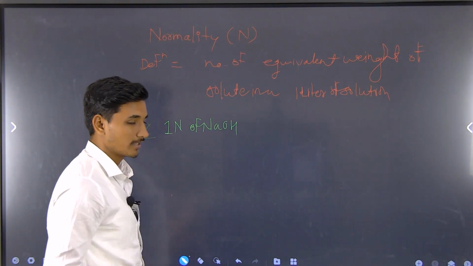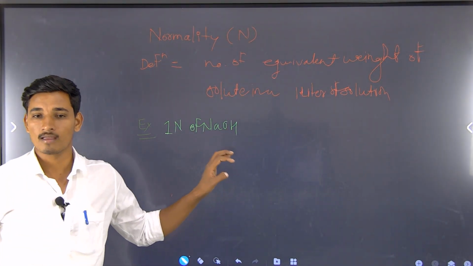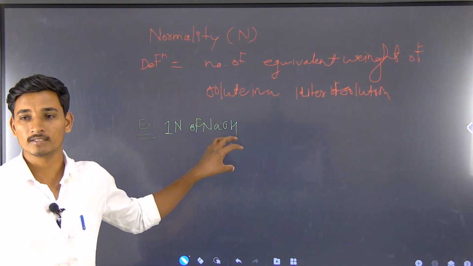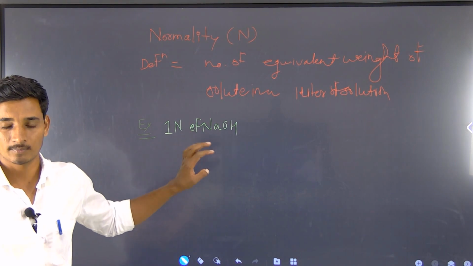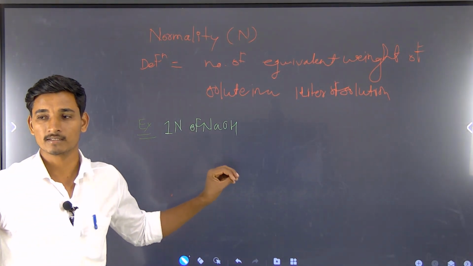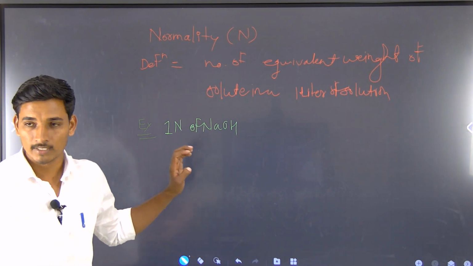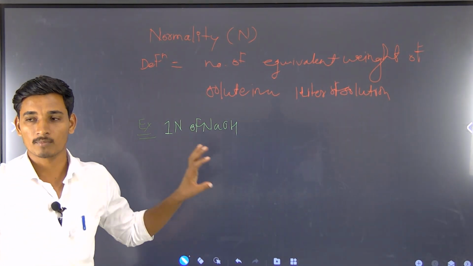We are taking only NaOH solution. If we take another chemical compound, then we require the molar mass of that other compound. For example, if we take HCl, then we require the normality of that compound. If we take a NaCl compound, then the molar mass of the NaCl compound.